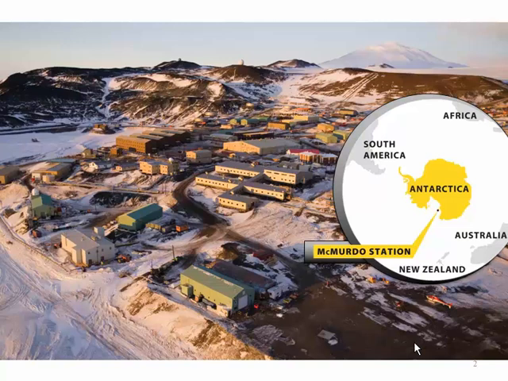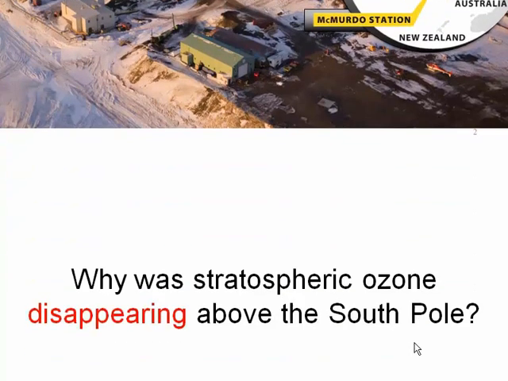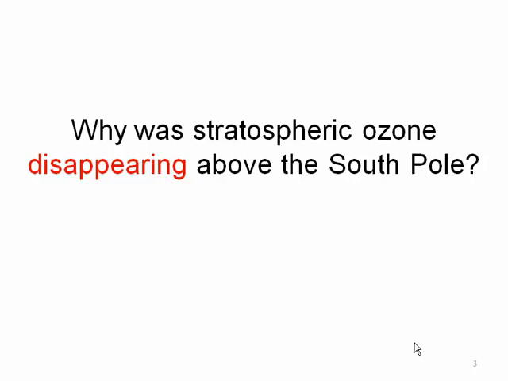And it was noticed through studies and testing and monitoring at the time that an important gas in the atmosphere was diminished in concentration, and there was actually considered to be a hole in the quantity of ozone present, centered over the continent of Antarctica. So the question scientists were faced with: why was stratospheric ozone disappearing, and specifically doing so above the South Pole?